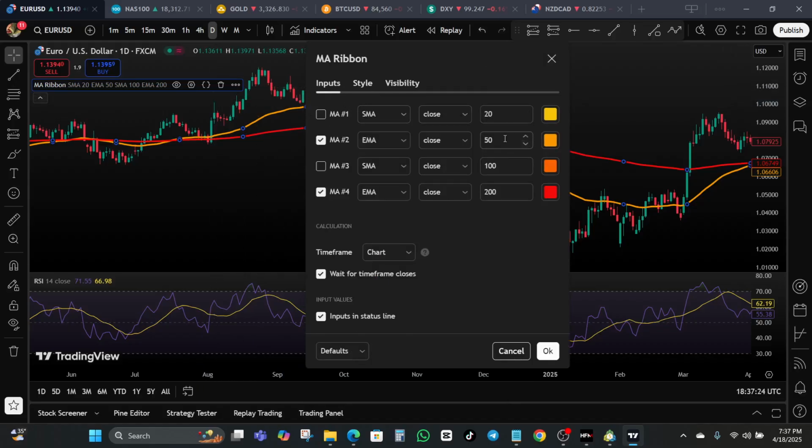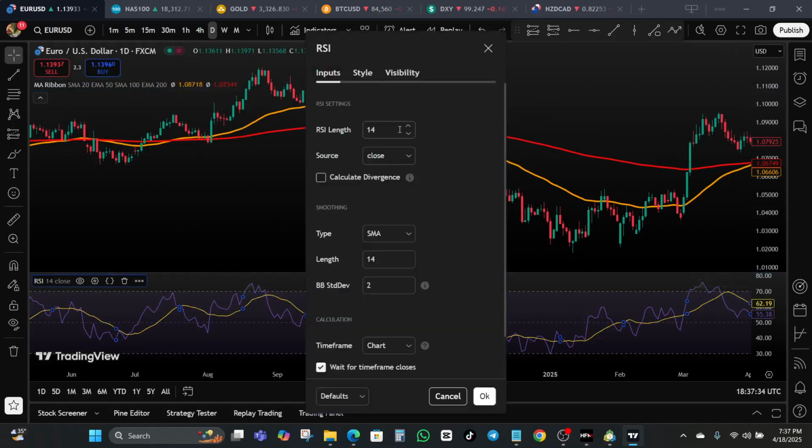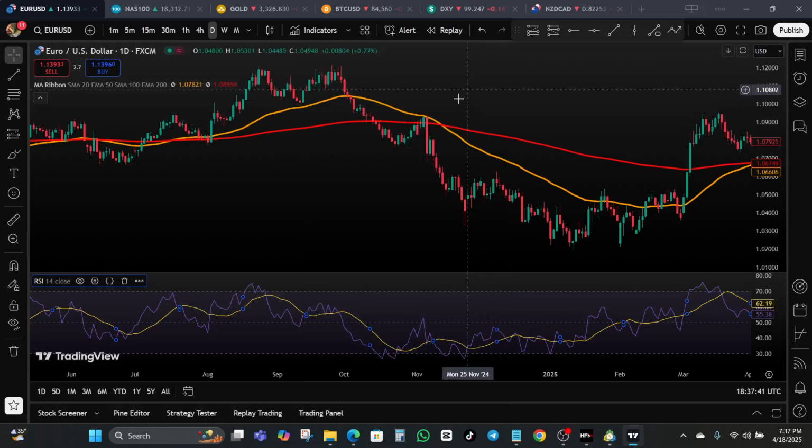The periods I'm talking about are the 50 and 200 and all of that, you can increase them for smoother signals. Same with the RSI length. If you increase it, you're going to get smoother signals. If you reduce it, maybe as a scalper, you're going to get faster signals.